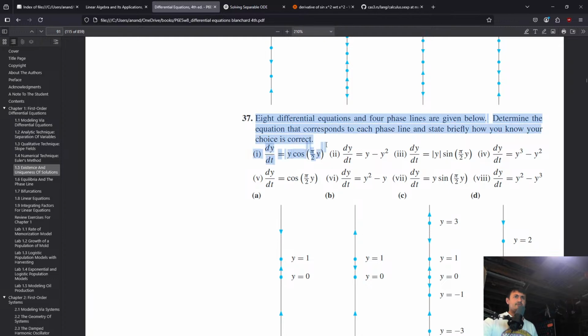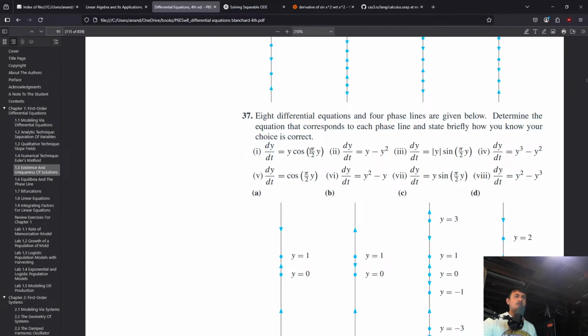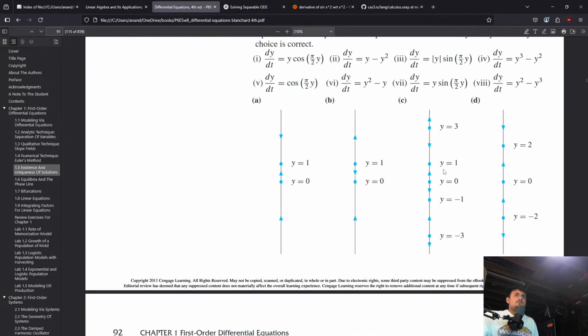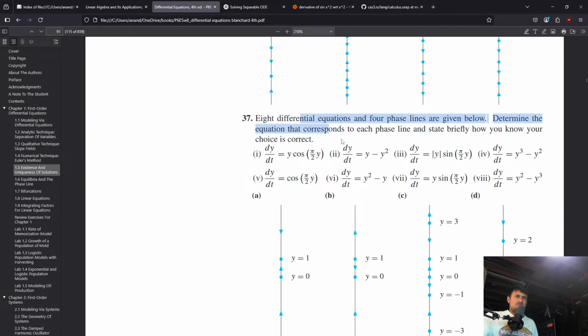Eight differential equations and four phase lines; determine the equation that corresponds to each. Okay. So we have y times 1 minus y. That's this one, number 2. So y, 0, 1.